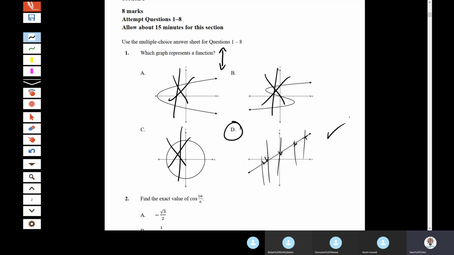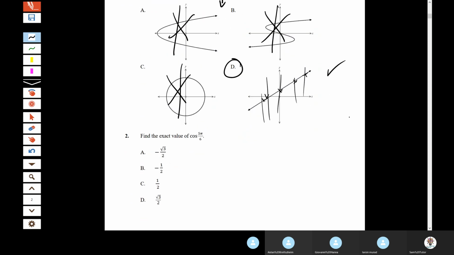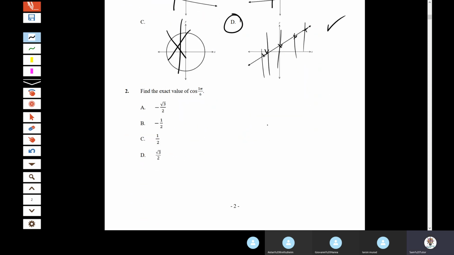Any questions there? Find the exact value of cos 5π/6. Again, first you want to work out what 5 times 180 on 6 is as a degree, which is 150 degrees. And just do cos 150 degrees in your calculator.